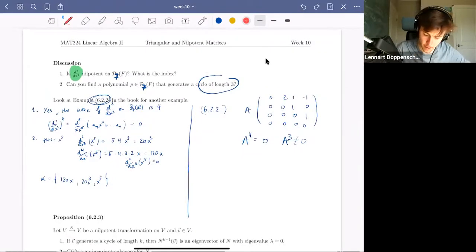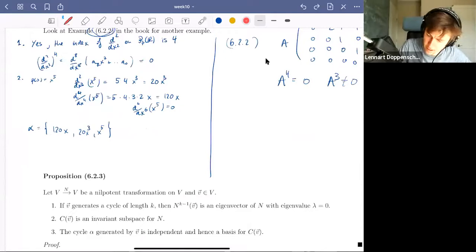Oh, by the way, the cyclic subspace generated by this, so C of x to the 5, would be exactly all the odd powered polynomials, except not 1, without the constants.